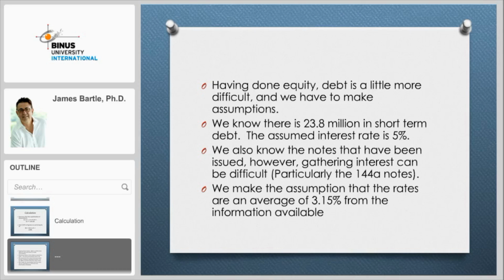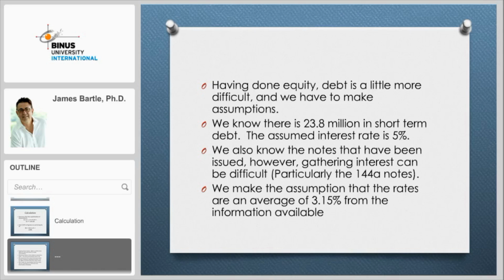So we know that they have 23.8 million in short-term debt. And the current average interest rate for short-term debt now is 5%. So we know that and we can assume that. We also know that many of the notes that were issued in the United States don't technically accrue interest. They're a special type of notes, particularly the 144A notes, which I've mentioned.